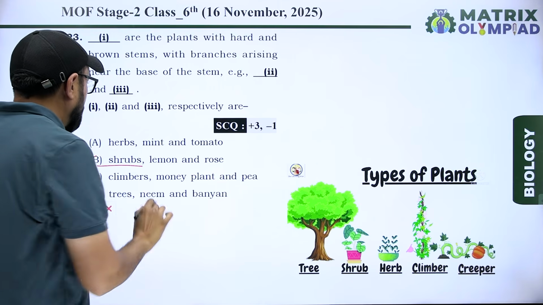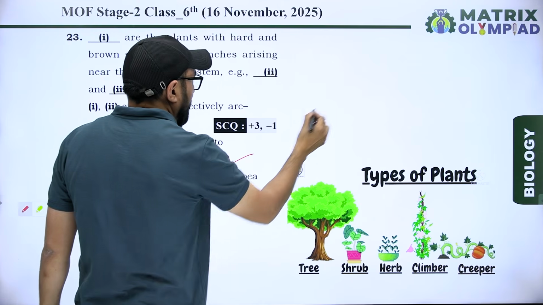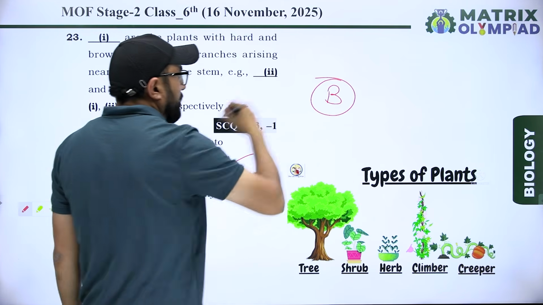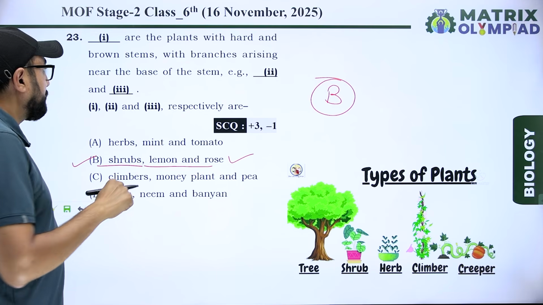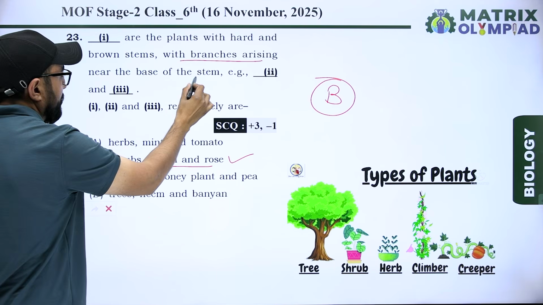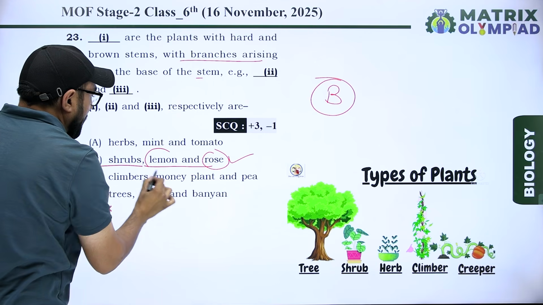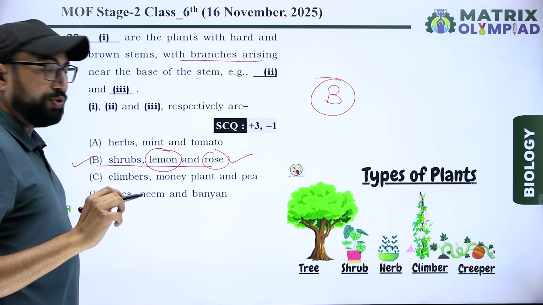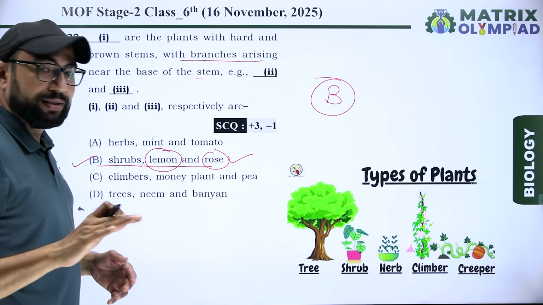Lemon and rose, right. That is right, option B. Option B is right, because branches arise near the base in rose and lemon.